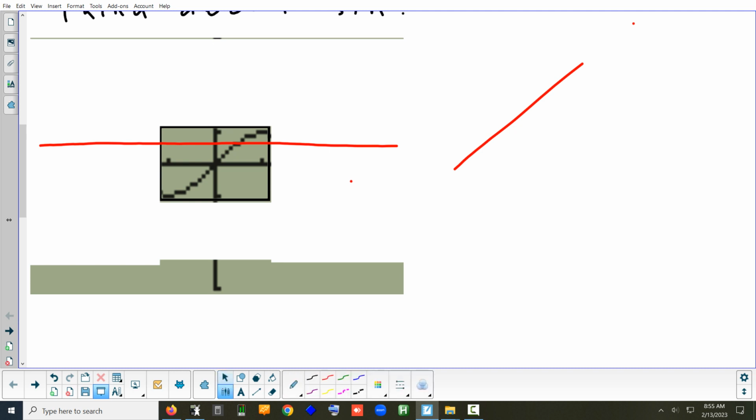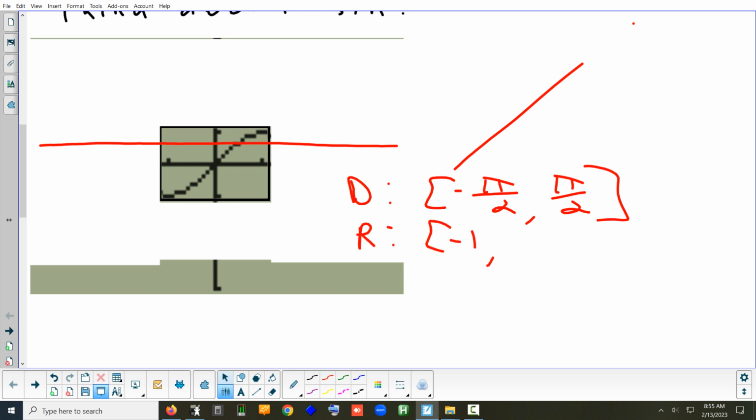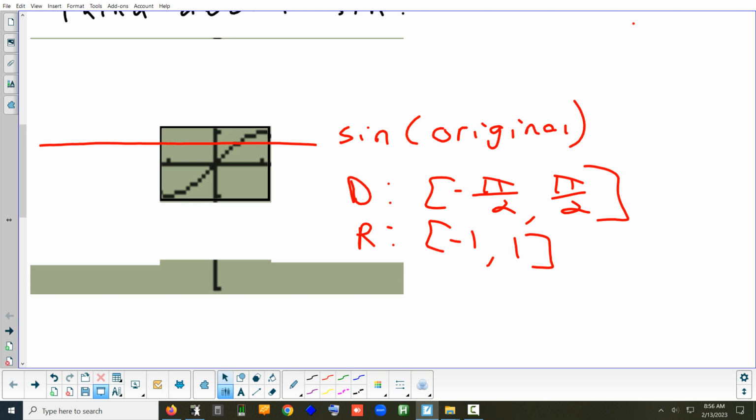So let's write that down. So here the domain is negative 90 to 90, and the range is negative 1 to 1. And that's describing what's in that box. And that box is the original sine. So this is sine, and it's the original one.